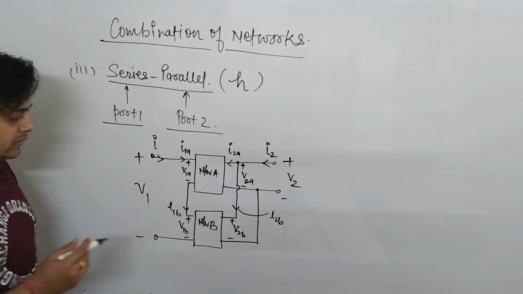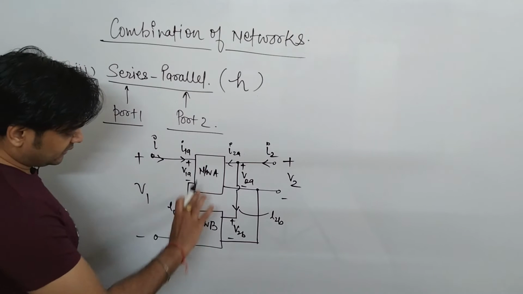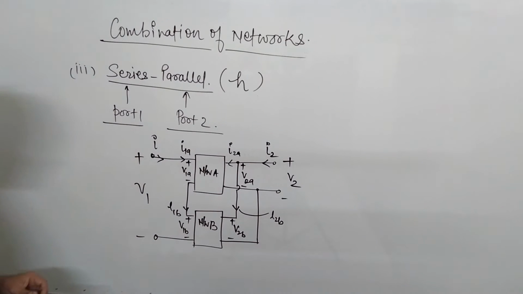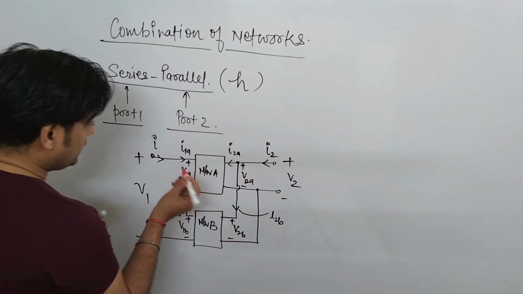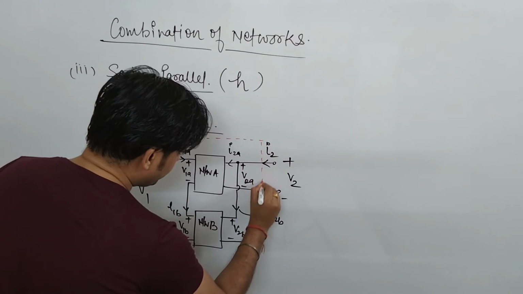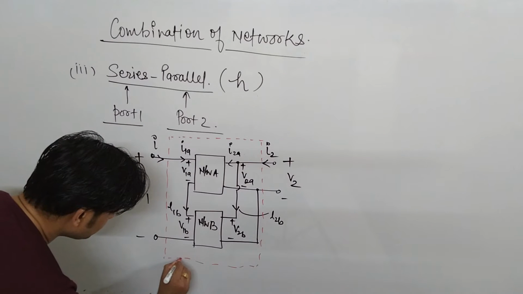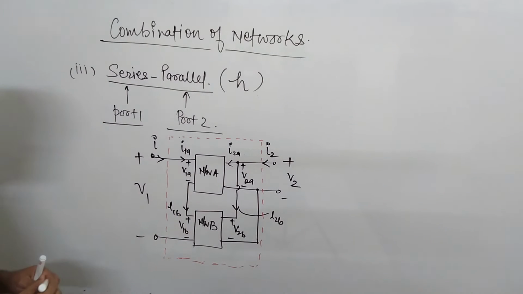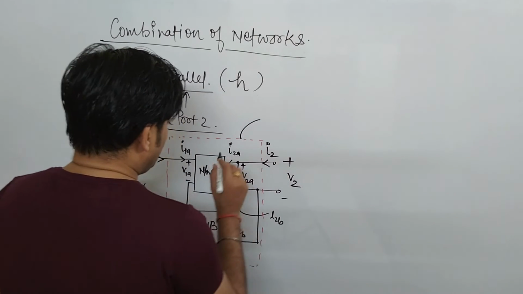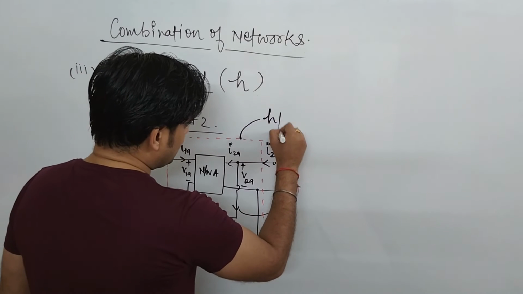Now you see these two networks are connected in series parallel form. That means your port 1 is connected in the form of series and port 2 is connected in the form of parallel. This is your entire two-port network. So while such a condition exists, you have to find the H parameter.